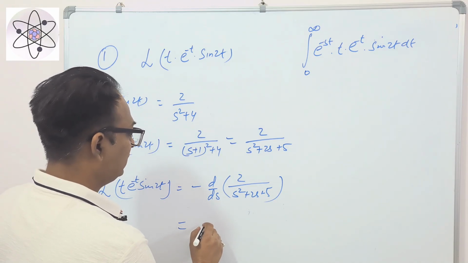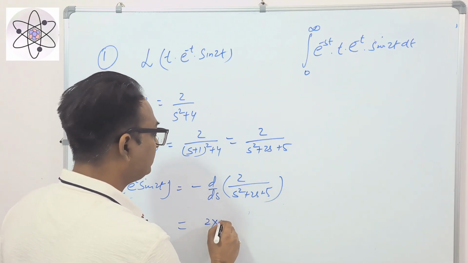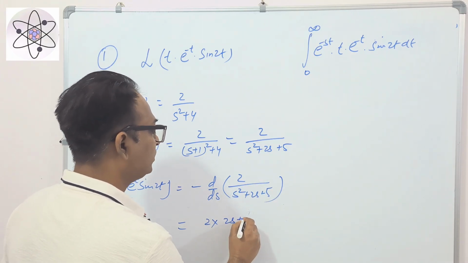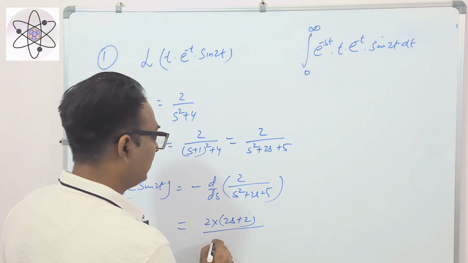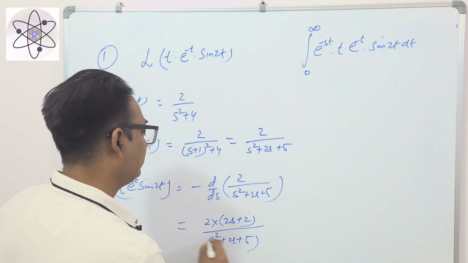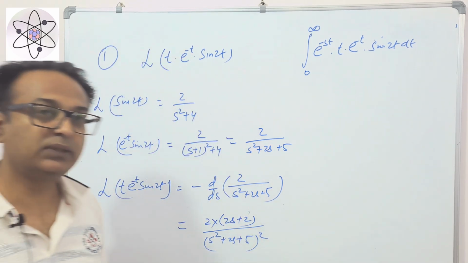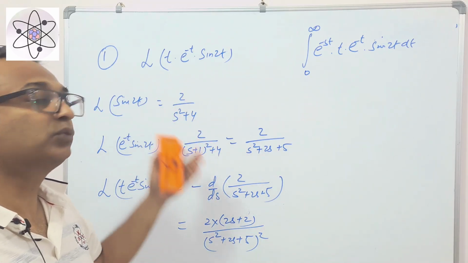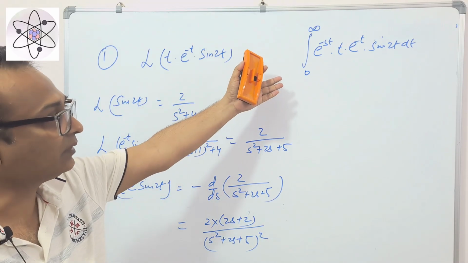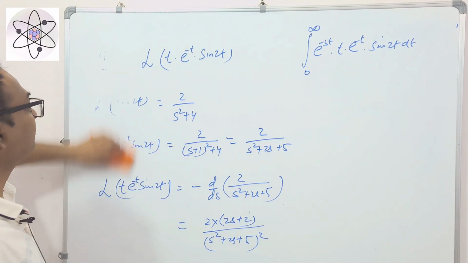This will be twice 2s plus 2 by s square plus 2s plus 5 whole square. So these transformation methods make Laplace transformation so easy. Otherwise, if we had to start with this integral, that would have been very difficult.